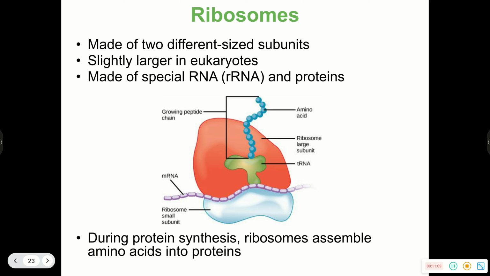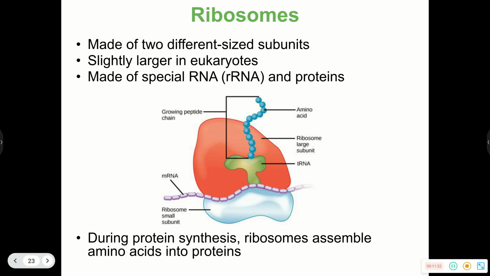The ribosomes, we already know what the ribosomes do, but they're made up of two different sized subunits. Again, they are slightly larger in the eukaryotes than they are in the prokaryotes. They're made up of ribosomal RNA and protein.